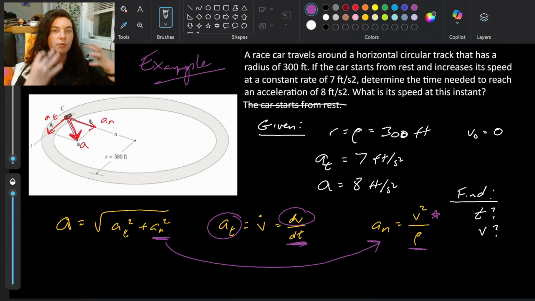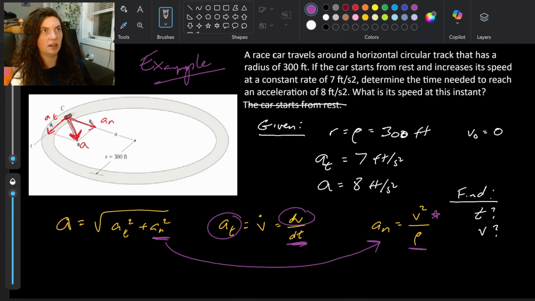So let's go through all of those things we've just discussed. We're going to find the normal acceleration first, which is probably the most logical just because we aren't given that many things. So it makes sense to find what we can find.